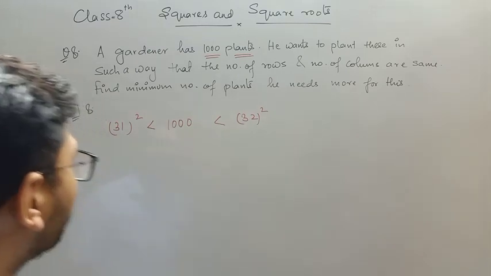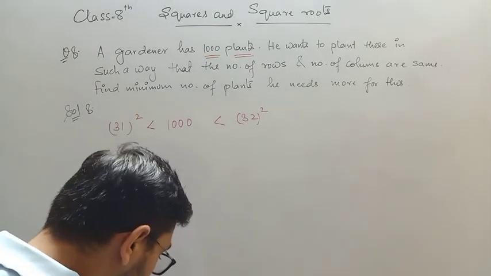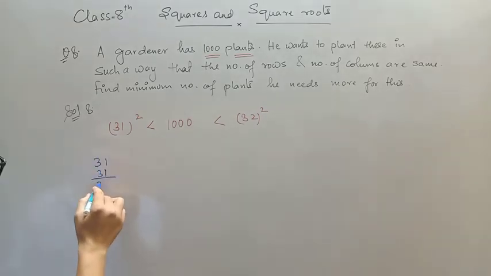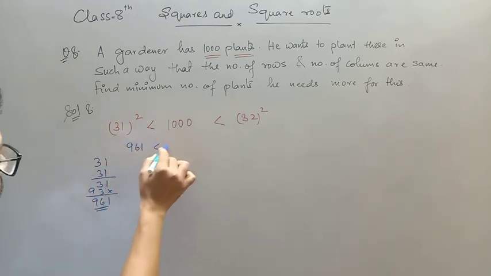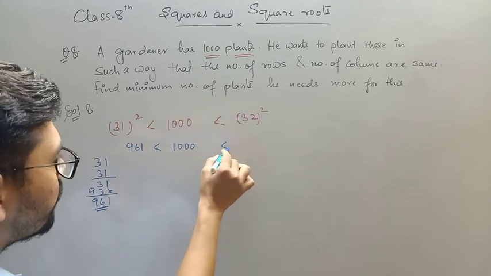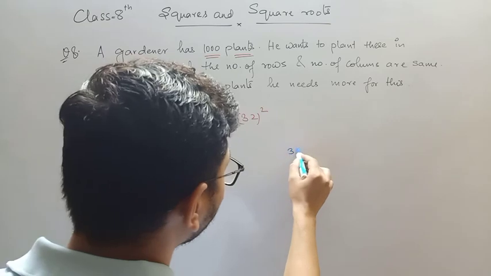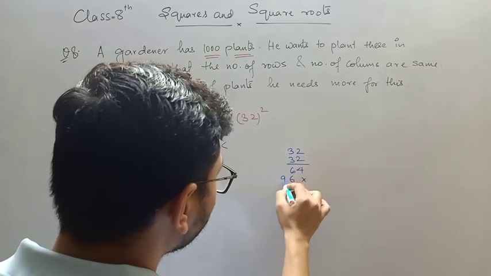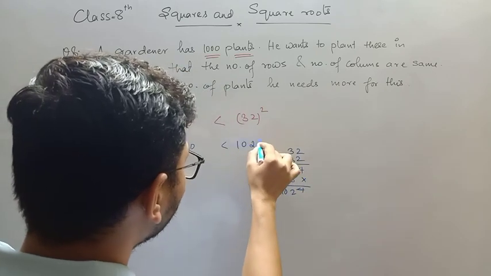Now you can even check this. Square of 31 will give you 31 times 31. 3 ones are 3 and 3 threes are 9. That is 961. So obviously 961 is less than 1000 and 1000 is less than 32 square. 32 square: 2 2s are 4, 3 2s are 6, 3 2s are 6, 3 3s are 9, that is 1024.